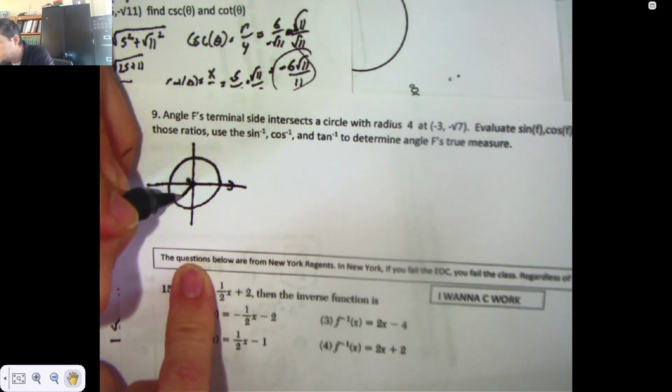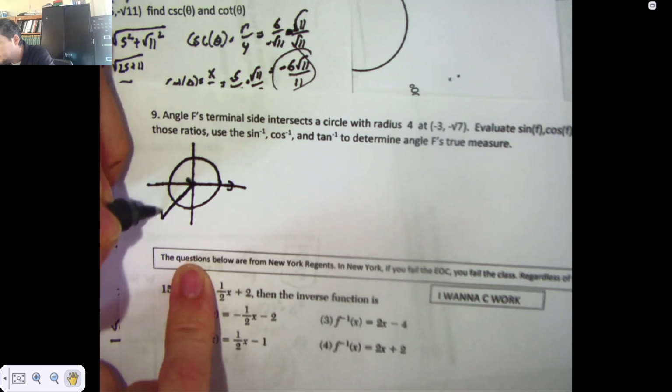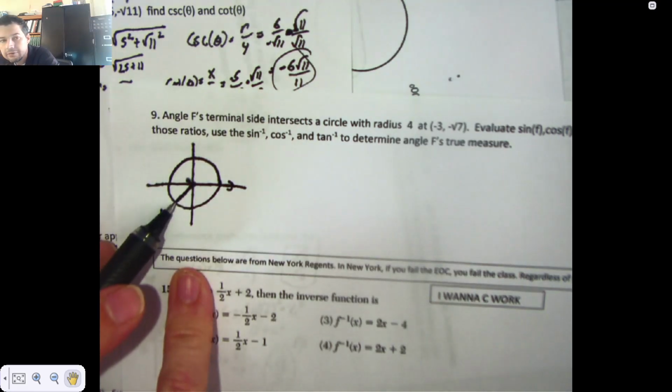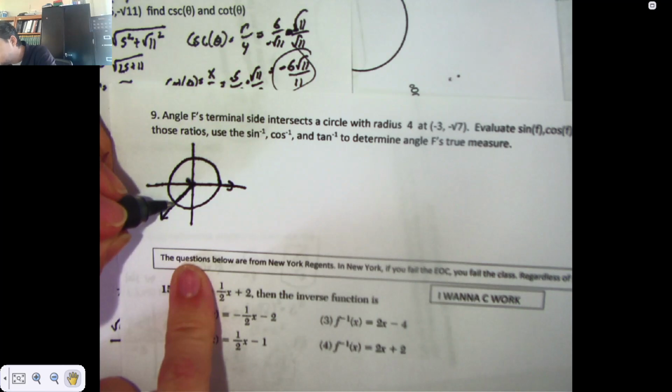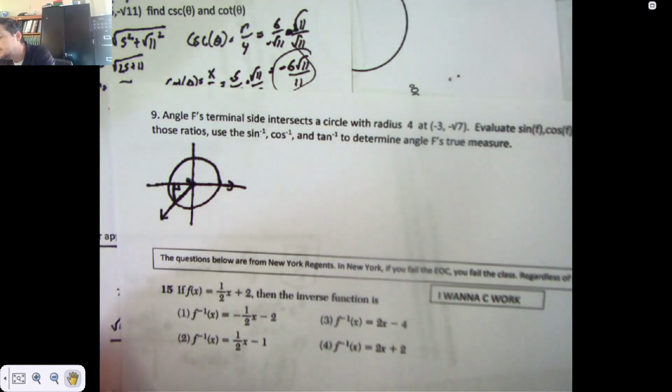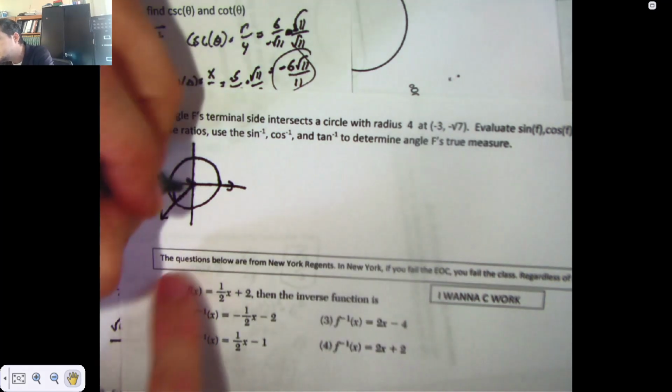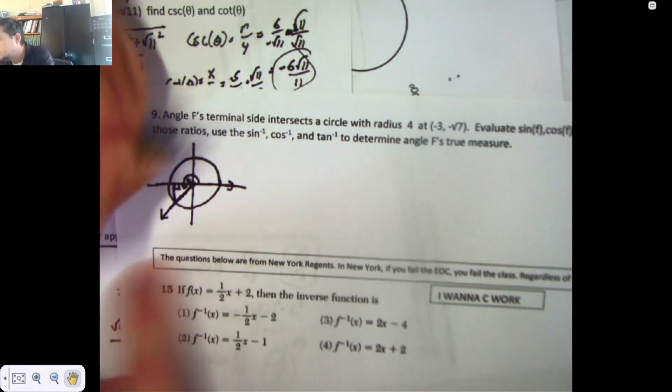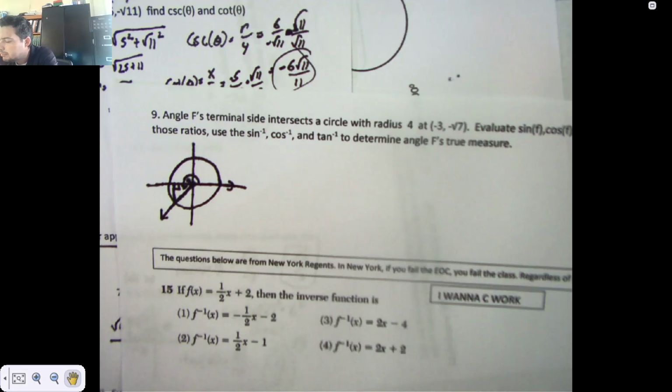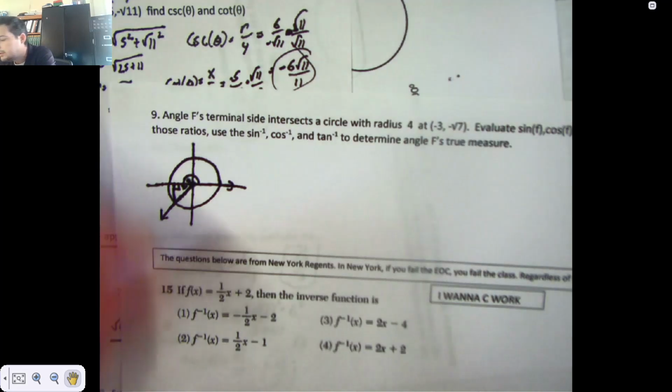I almost went to quadrant 2. It intersects at negative 3, negative root 7. Now the little triangle that was made here, and I still am using triangular thinking here because I want to see it and I want to see the angle. I guess I don't have to, do I? I don't have to use a triangle.